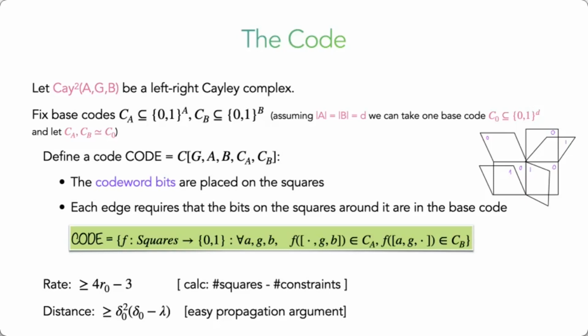But here I'm just going to apply some work whose name I'm not going to remember now. I have it written later. That said, it's really incredible. They said if you have a locally testable code with rate going to 1, as close to 1 as you want, then they did some transformation that makes it meet the Gilbert-Warshamov trade-off and still locally testable.